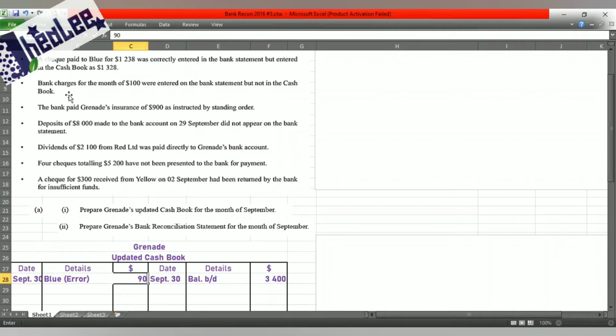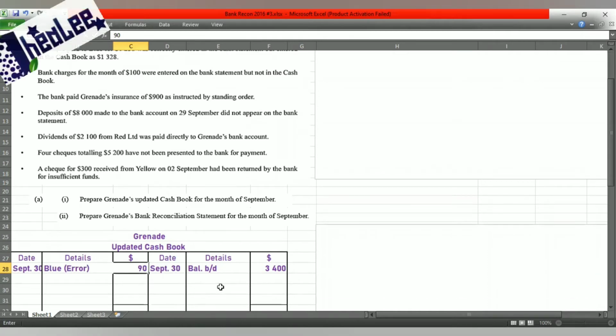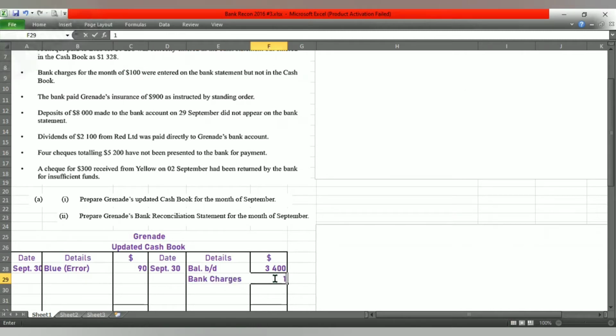In continuing, the bank charges of 100, remember we have identified that we are going to credit the cash book with that. So bank charges, and the amount there is $100. The other thing is the standing order. Remember, the standing order reduces the cash book balance. So therefore, we're going to credit that, and the amount is $900.